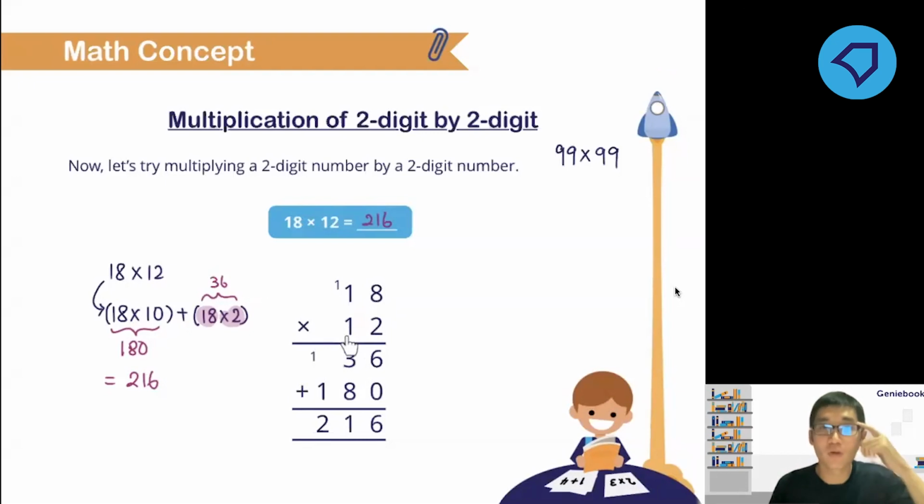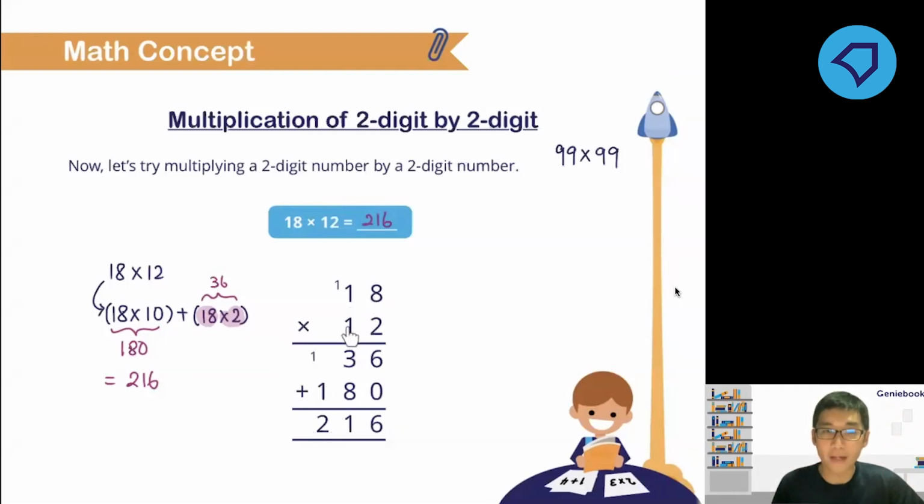But if you recall, whenever we multiply a whole number by 10, we add a 0 at the back of the number, right? So I have to first put a 0 at the back of my second row. I'm going to move on to the second row. I'll put on a 0 first before I start doing my multiplication of this 1 in the tens place by the 8 and by this 1.